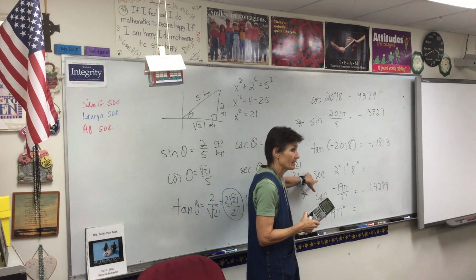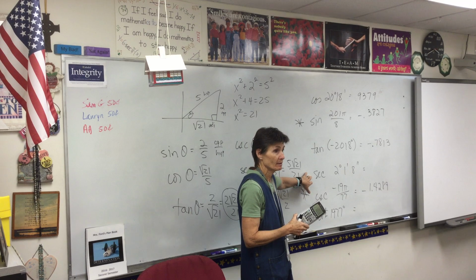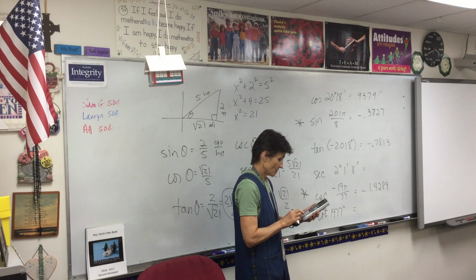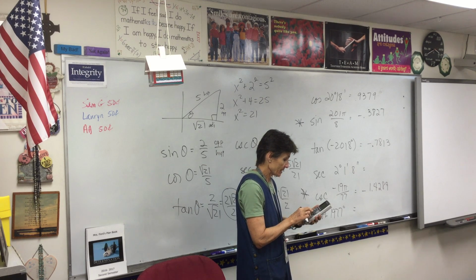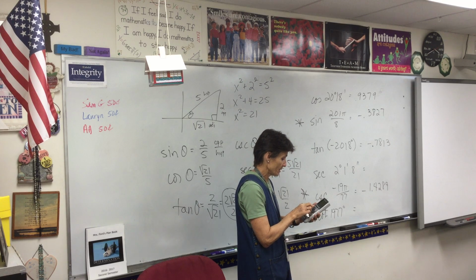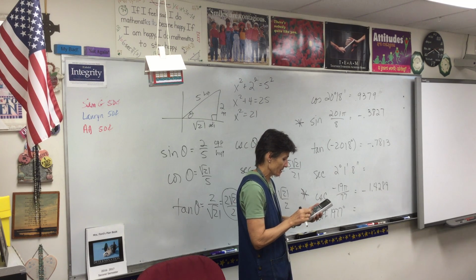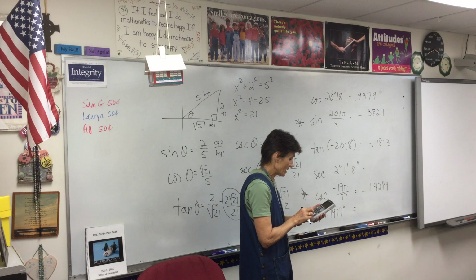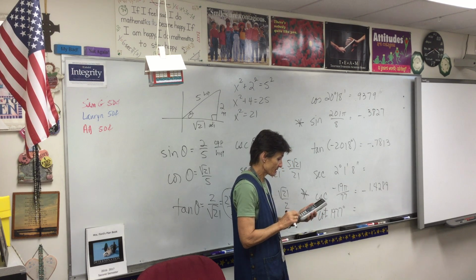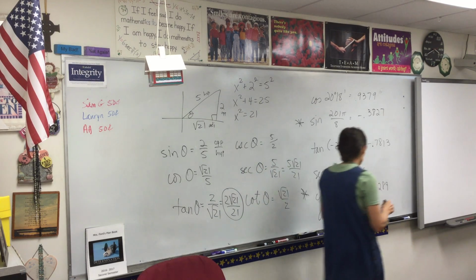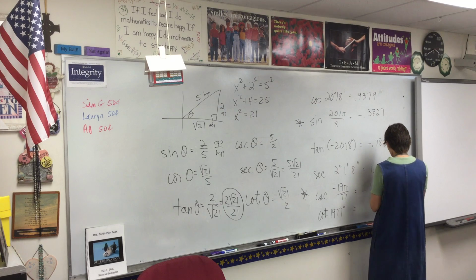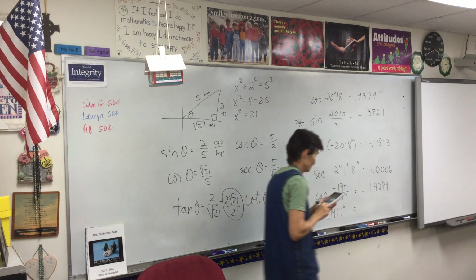Cosine. I'm doing secant, so it's 1 divided by cosine. And then 2 second apps degrees. 1 second apps minutes. And then 8 alpha plus 1.0006. Yep.